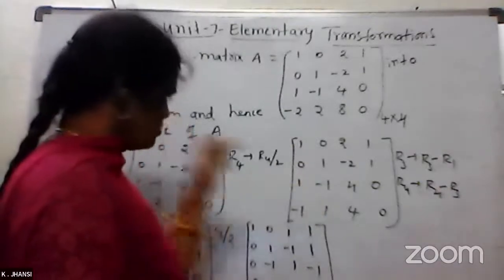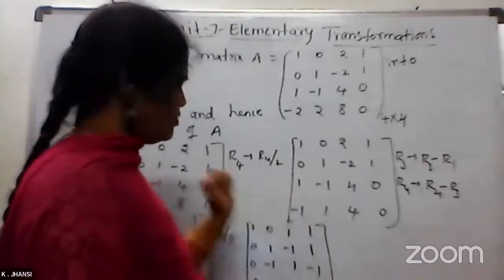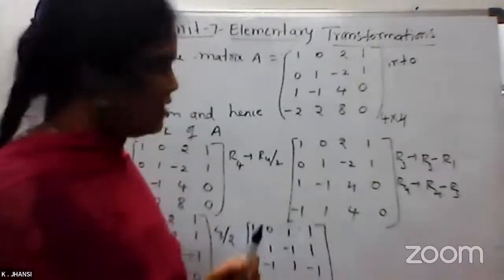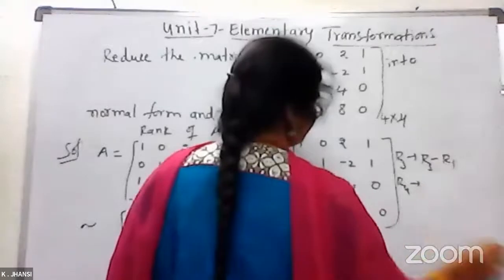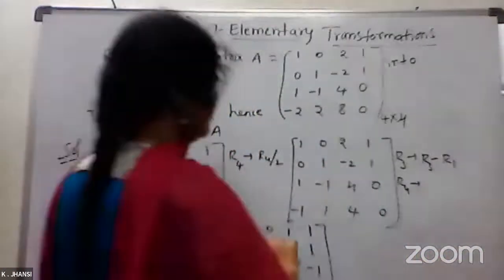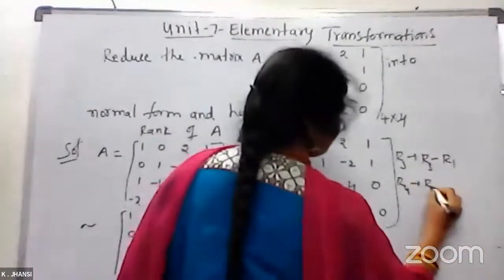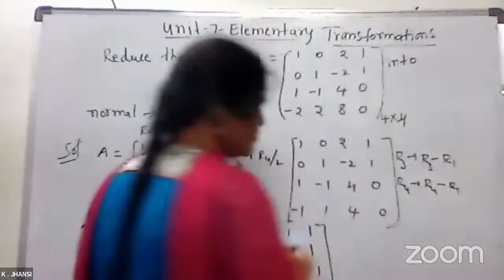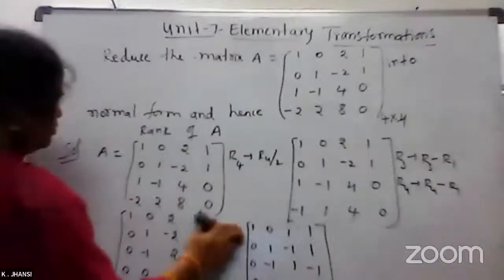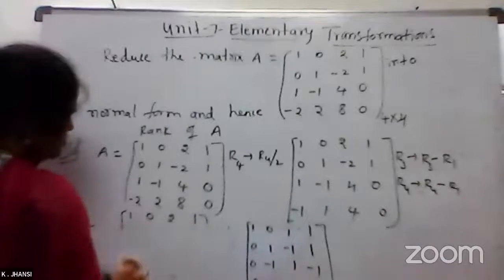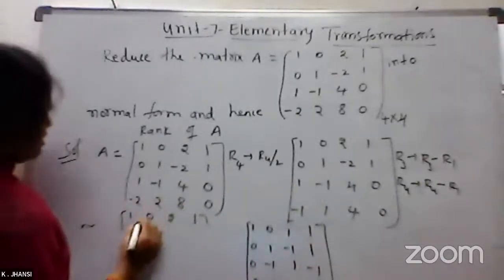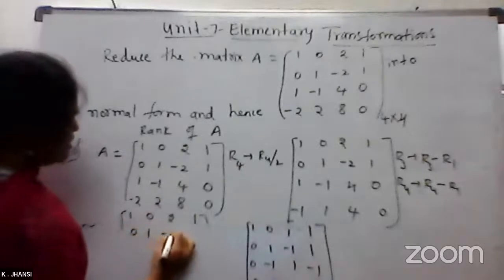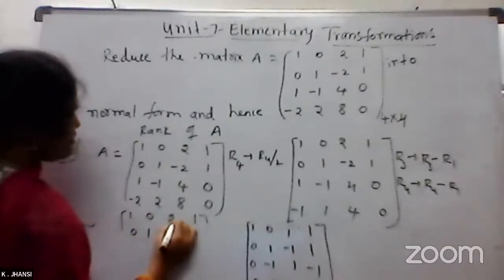Minus of minus, no, here you will get minus 2. Okay, here we go. R4 minus R1 only you do. See, we have done the addition there wrong. Okay, 0, 1, minus 2, 1.